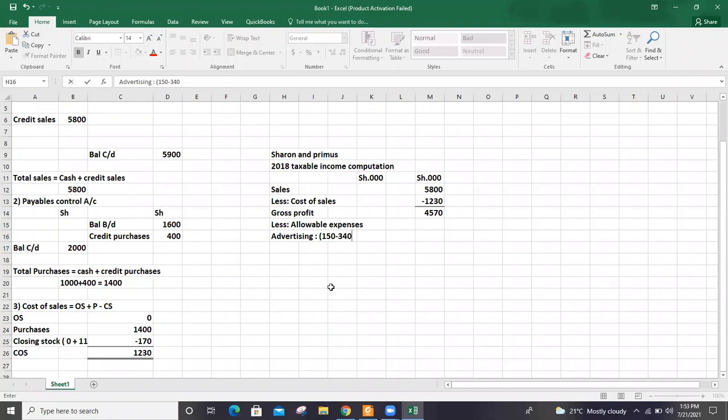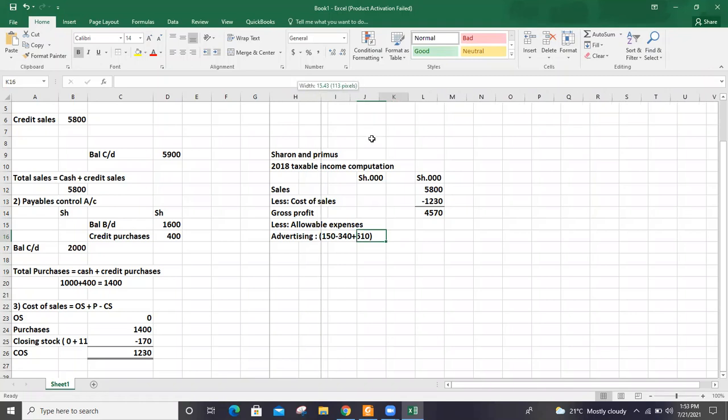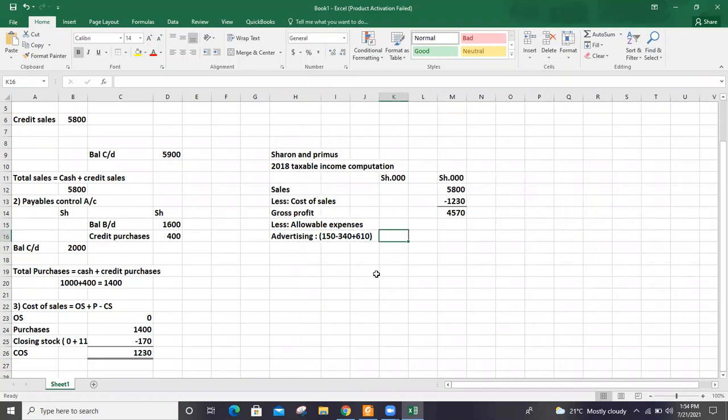And at the end, we had an accrual or a prepayment? An accrual of 610. So how much is the advertising expense for the year? 420.